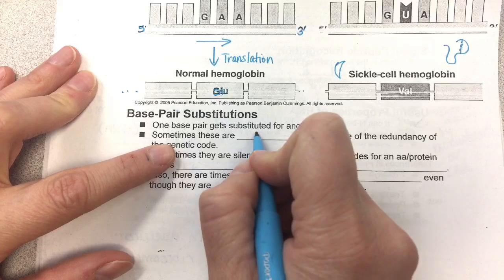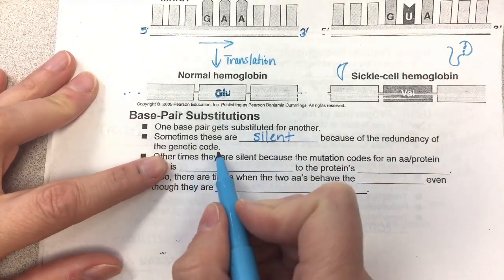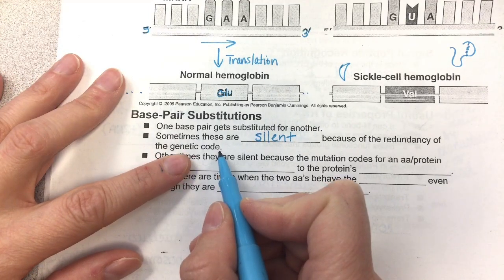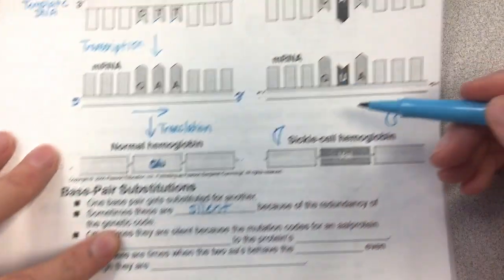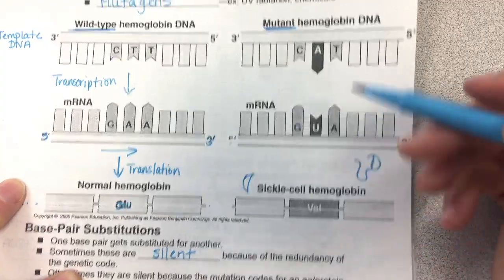Sometimes these are silent because of the redundancy of the genetic code. So what does that mean? If they're silent, it means that just because you have a mutation doesn't necessarily mean that we change the amino acid.